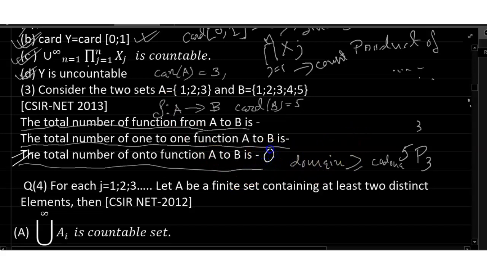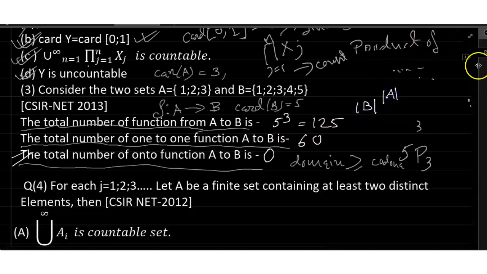So onto function is 0, 60 is my 1 to 1 function, and 5 cube equal to 125 is my total functions, because B to the power A.